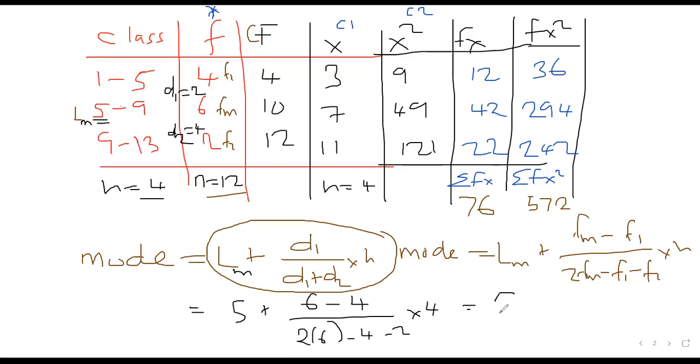So here we're going to have 5 plus 2 over 12 minus 8. So 12 minus 6. This is 6 here. I have the height of 4. We get back to the same answer that we found. So 2 times 4 divided by 6 is giving us 1.33. When we add it to the 5, we get 6.33. So we're getting the same answer again.